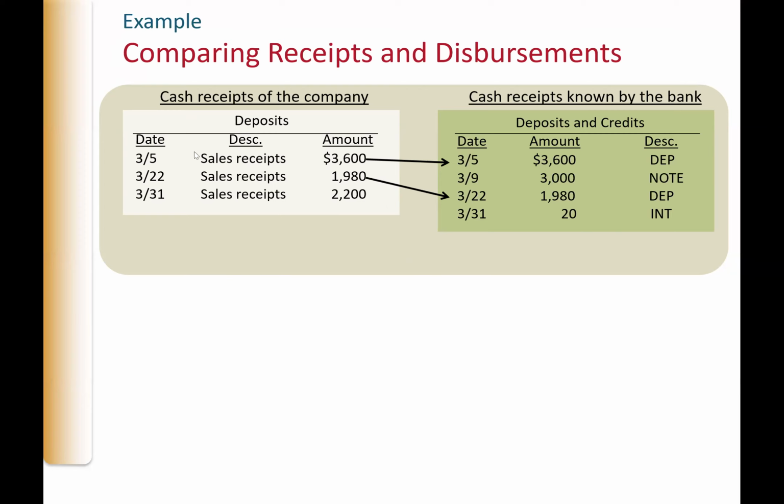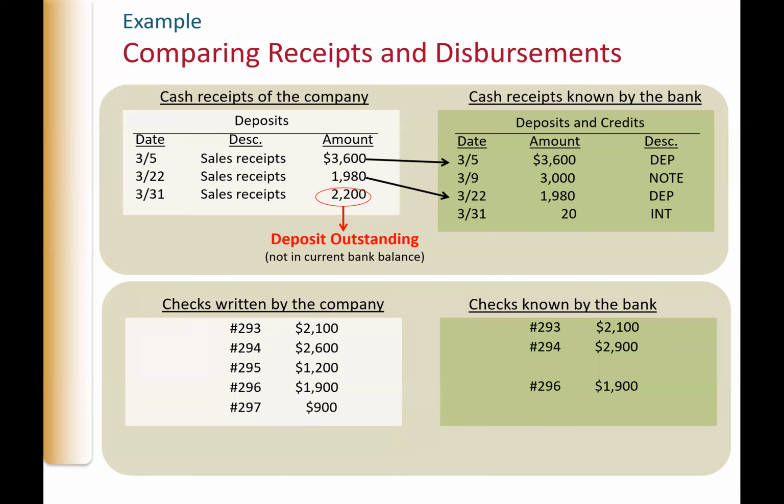But do you see this sales receipt of $2,200 that happened on March 31st has not yet cleared the bank? That is what we call an outstanding deposit. So we'll have to show that in order to reconcile our bank statement.